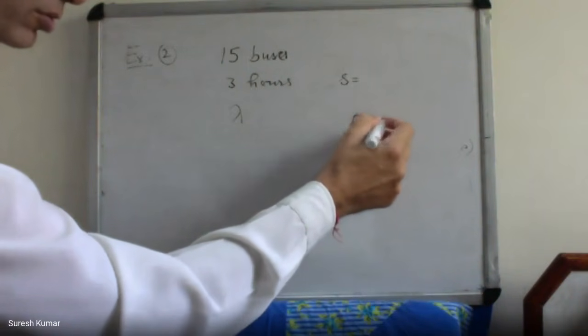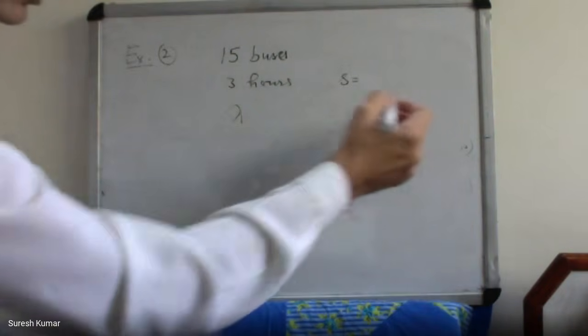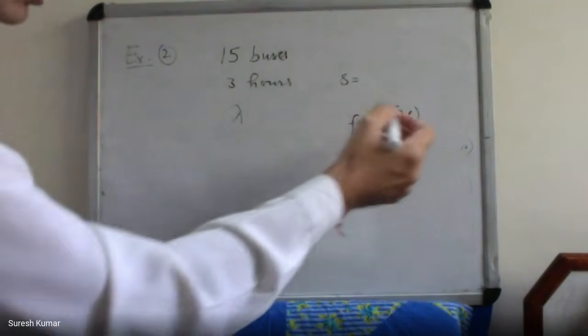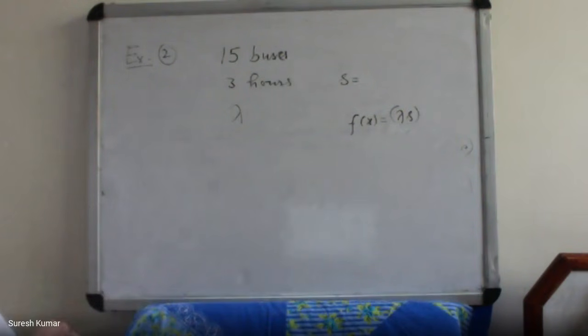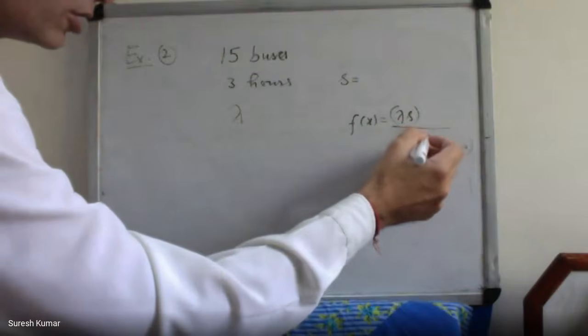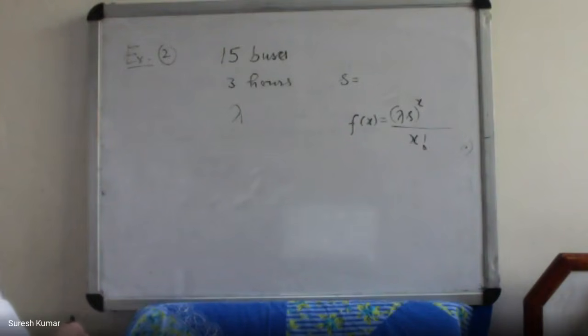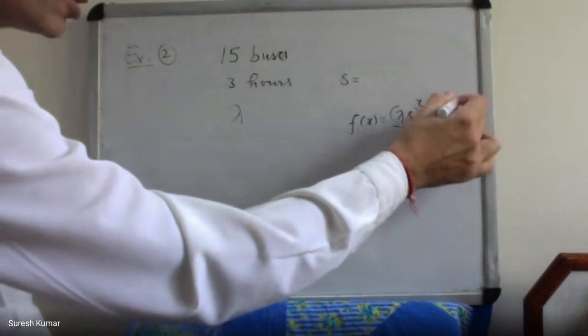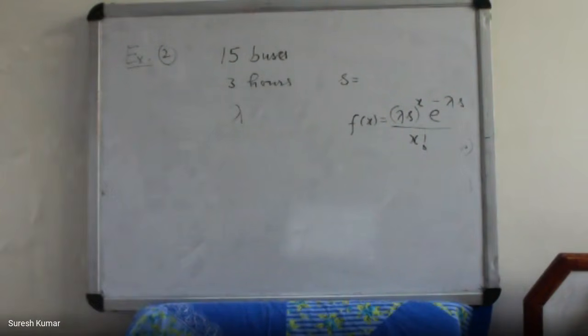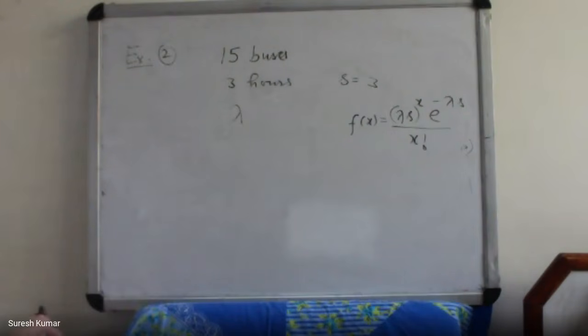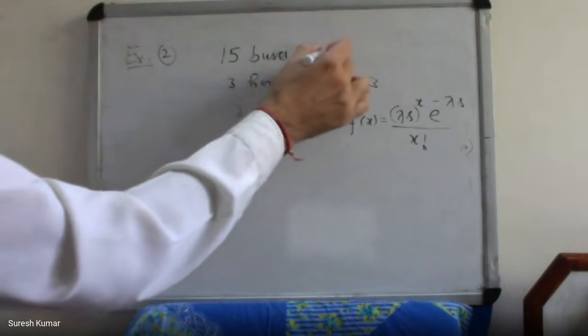It is f(x) equal to (lambda s) power x over x factorial, into e power minus lambda s, where x goes from 0, 1, 2 and so on. Here what is s? S is 3, x is 15.